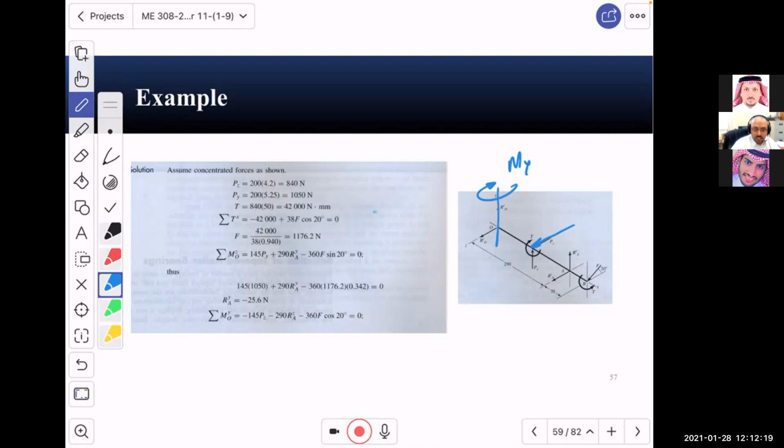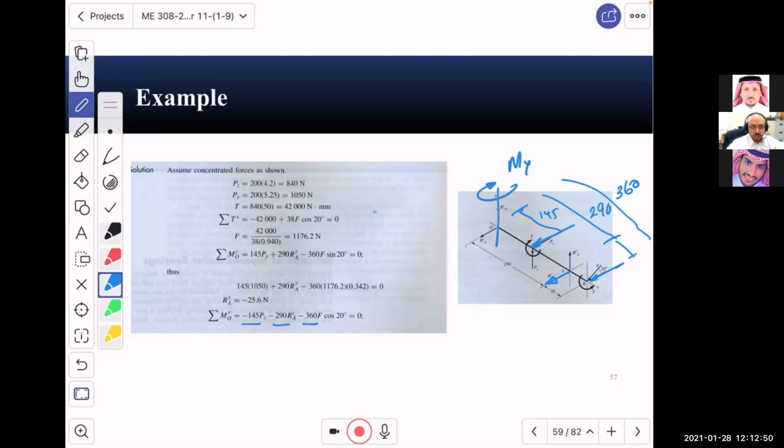This one is the radial for the Z reaction on bearing A, and of course the tangential force on the gear. Remember, we know these distances, all of them. This is 145, this one 290, and this distance, all of it, is 360. You will see them here. Again, look at them: 45, 290, 360.